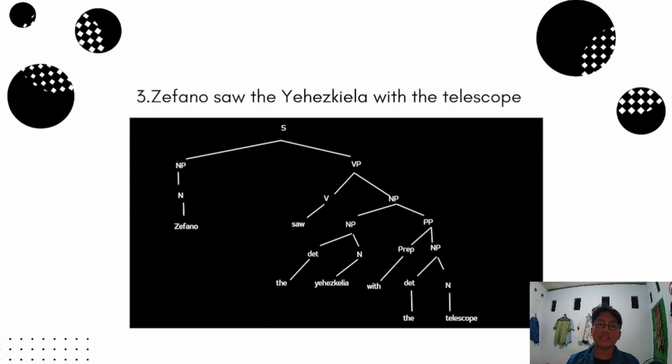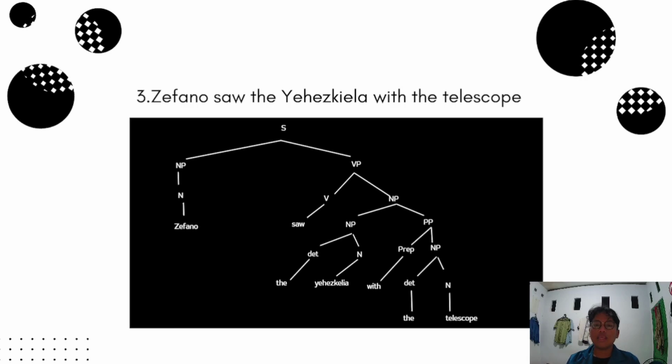The verb phrase has two lines, verb saw and a noun phrase, which gets more lines, noun phrase and prepositional phrase. In the noun phrase, we have determiner and noun: the, and the noun is Yeskila.